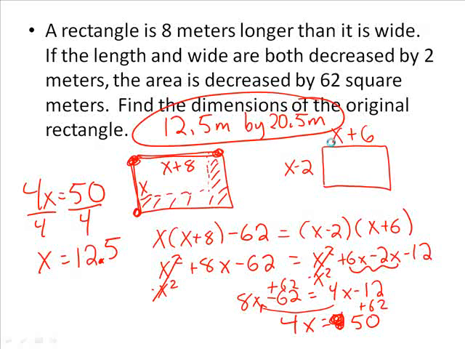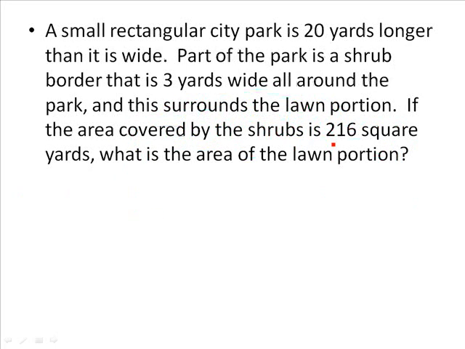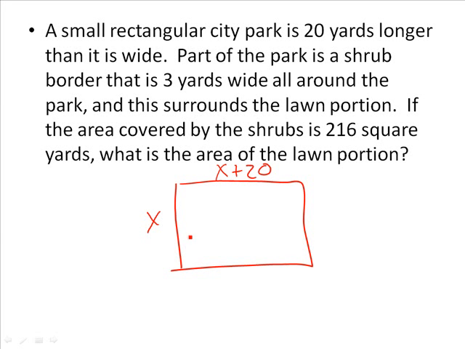One more. A small rectangular city park is 20 yards longer than it is wide. Part of the park is a shrub border that is 3 yards wide all the way around.